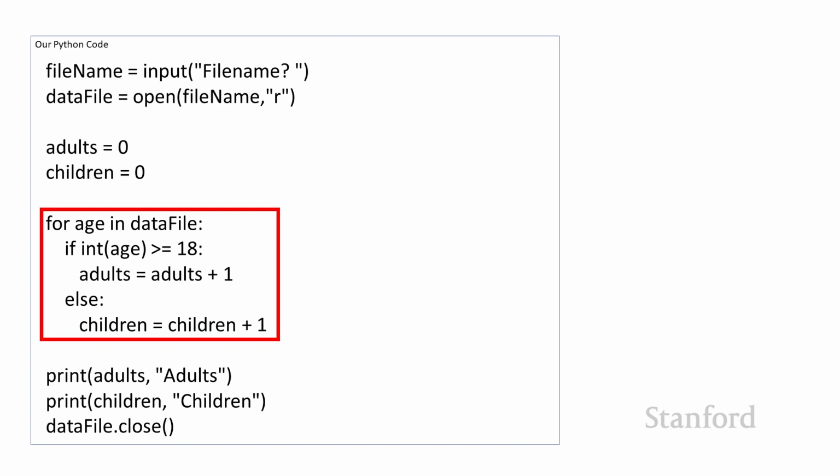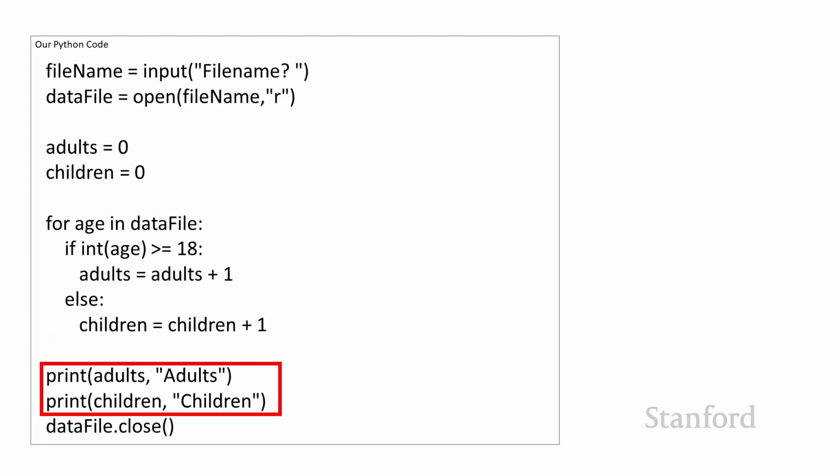You can kind of think that through. And at the end of all of this, the adults variable should store the number of ages we've seen that are 18 or older. I always have to remember whether that's greater than or equal to, or greater than. In this case, it's greater than or equal to. If it's your 18th birthday today, congratulations, you count as an adult. We're going to charge you more money to enter our theater.